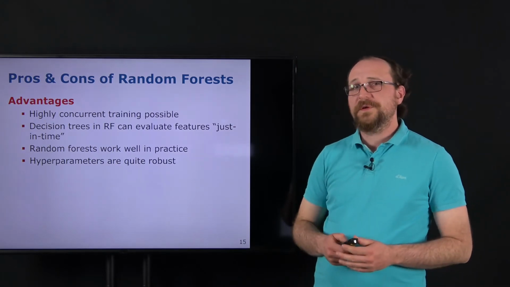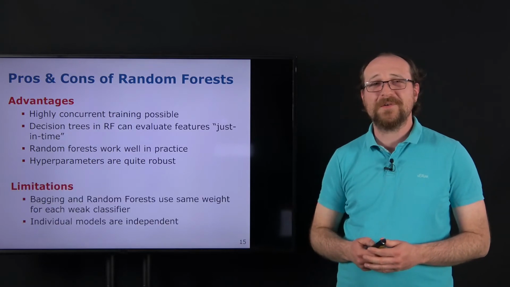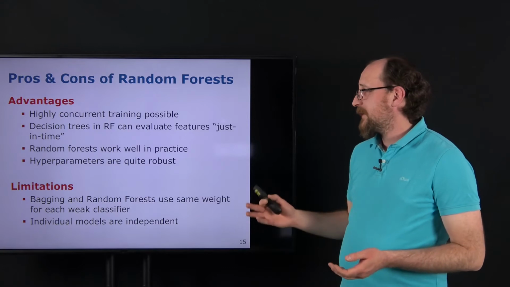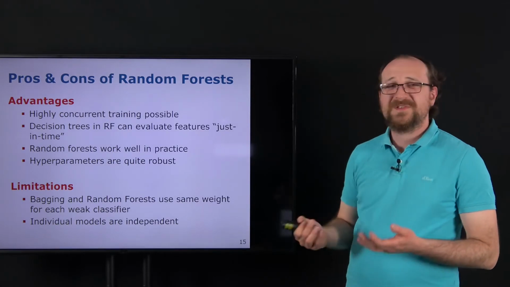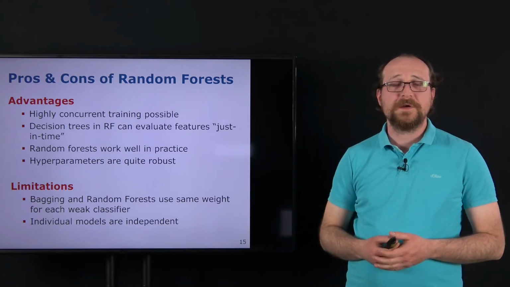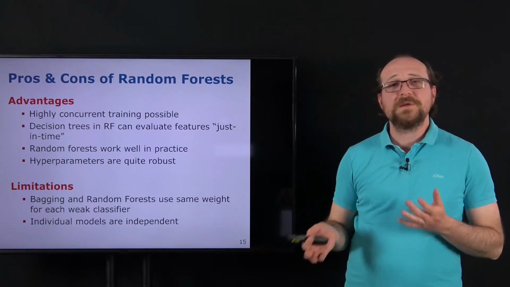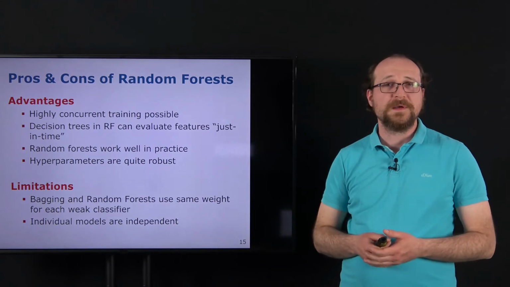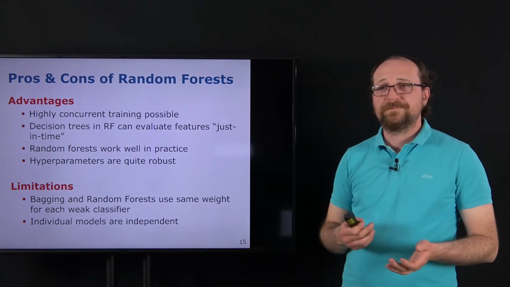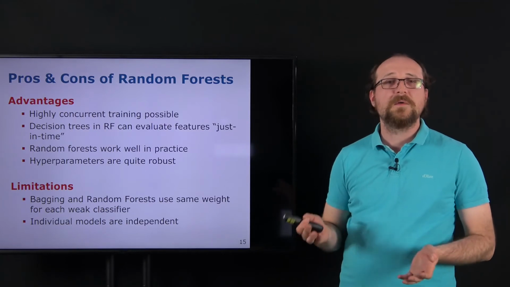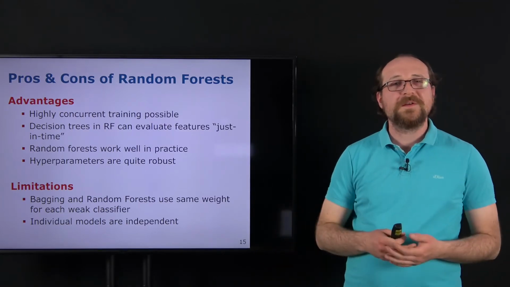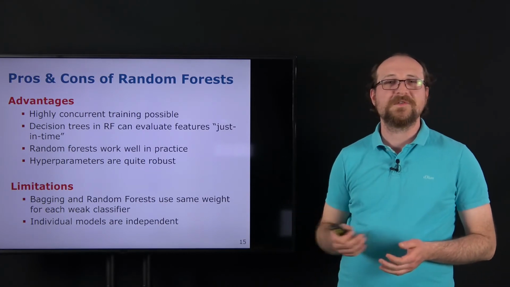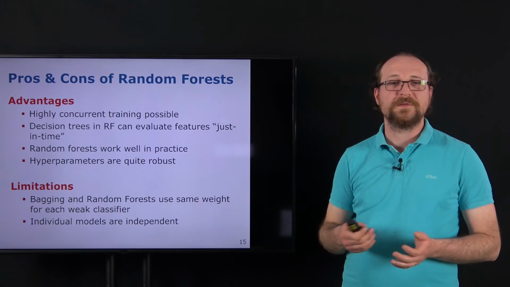But when we talk about advantages, then of course we also have some limitations. The bagging in the random forest uses just the same weight for all classifiers, because they treat the weak learners basically independently. Therefore, you cannot exploit the results of one weak learner for another, or correct the classification results from one weak learner to another.